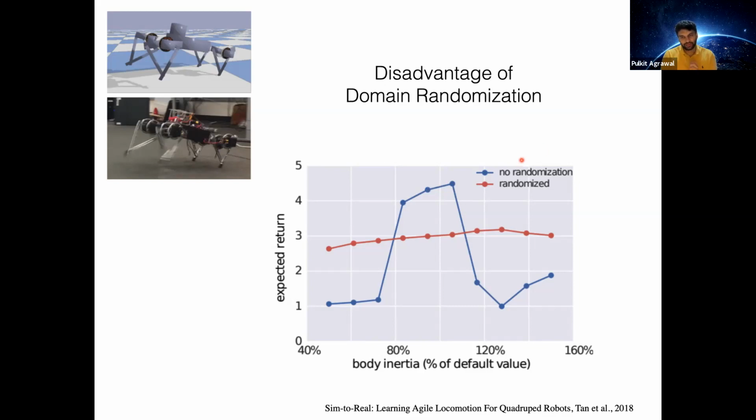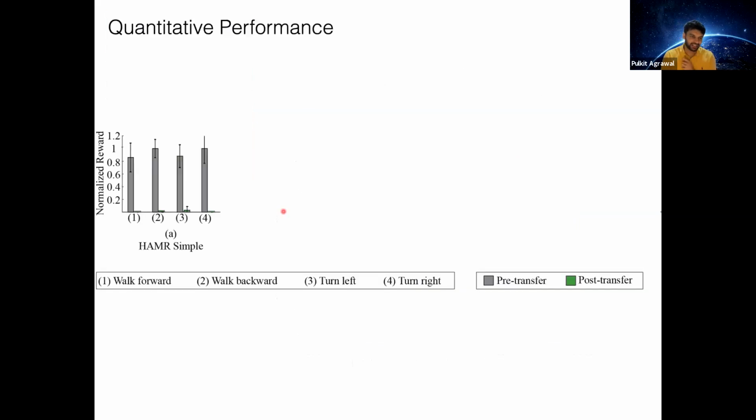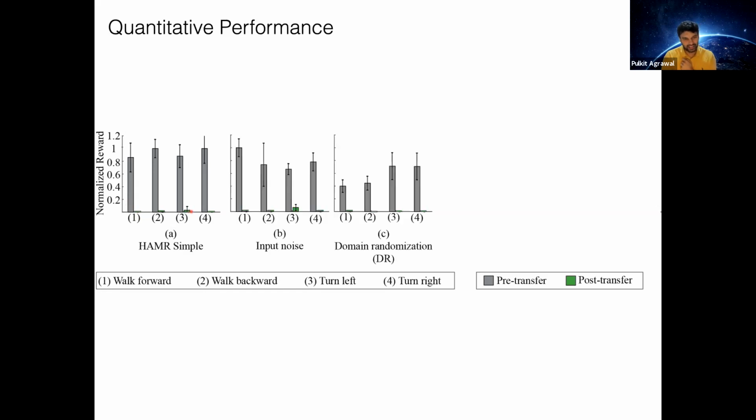Now, if we just take this particular setup and we train policies on Hammer simple, which is a simple model, the performance on the simple model is shown in gray, and the performance on the full model, which is the post-transfer performance, is shown in green. What you see is the performance on the full model after training on Hammer simple is pretty bad.